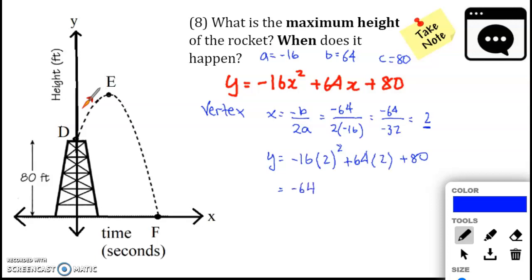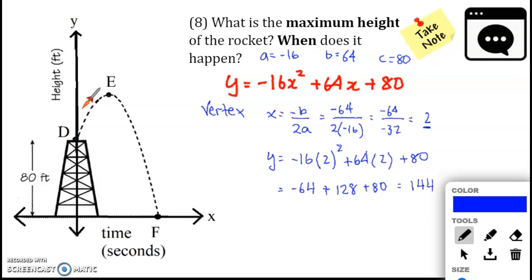Negative 64 in this case, plus 64 times 2. That is going to be 128 plus 80. Okay, so I know that negative 64 plus 128 is positive 64 plus 80. That's going to be 144.